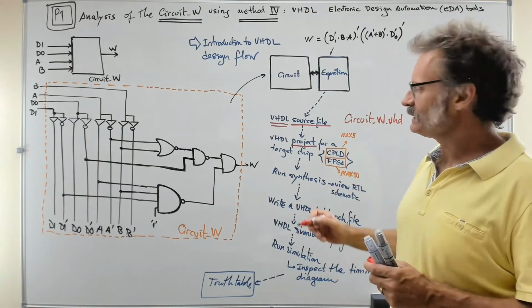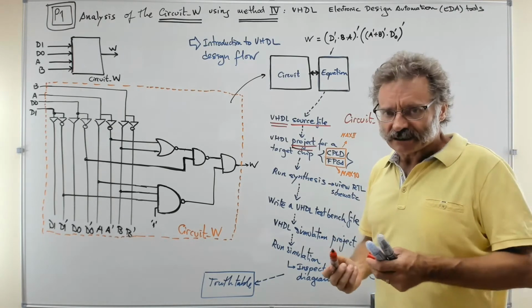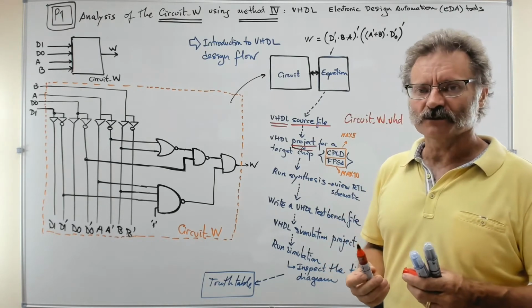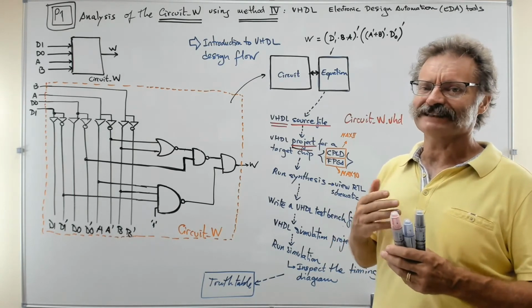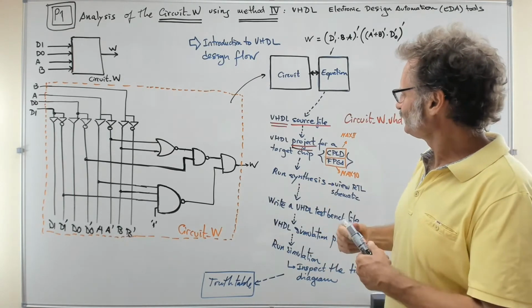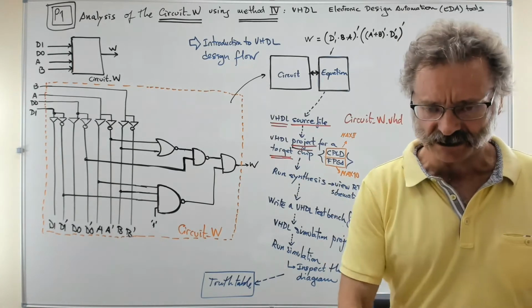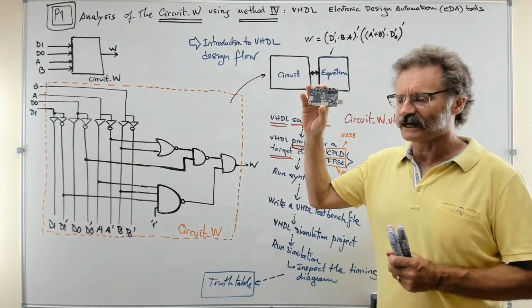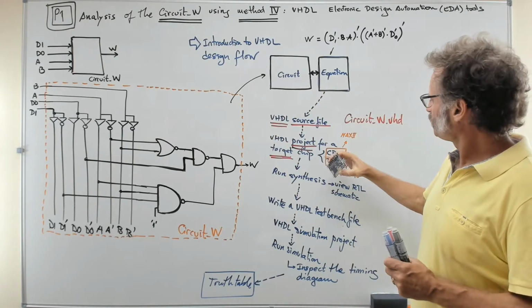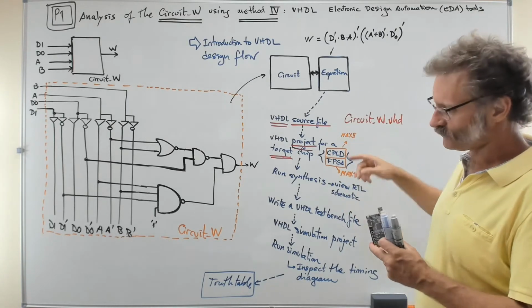A VHDL project. And we will do that with free tools, and this means that we will have to attach the project to a given target chip, something that is real. And what is real here? For example, this kind of board, which is based on a complex programmable logic device type MAX II from Intel.